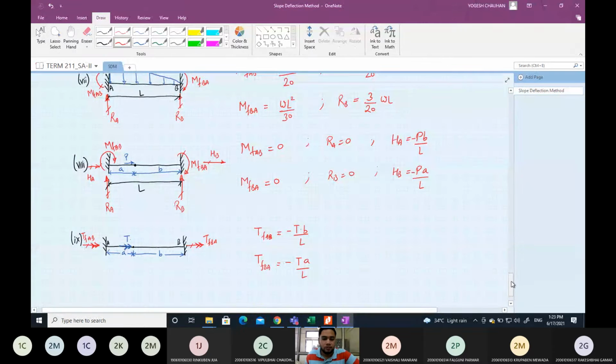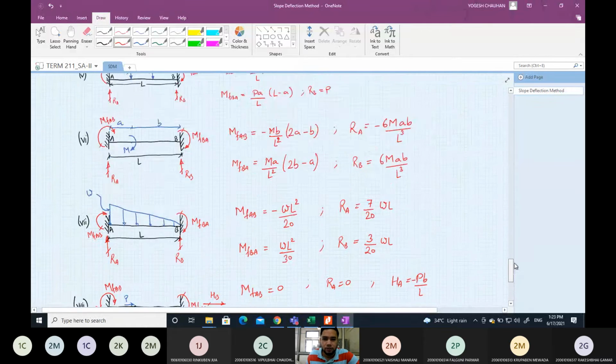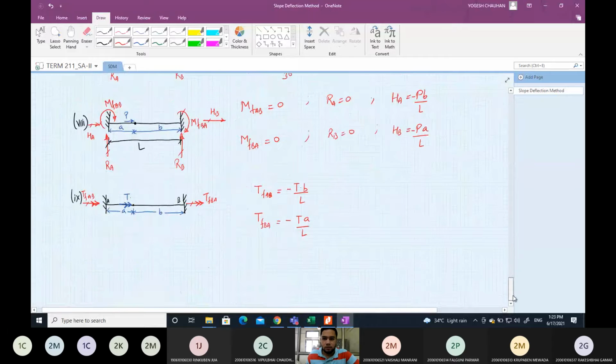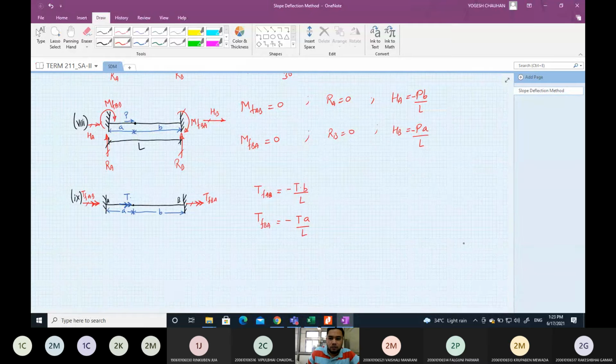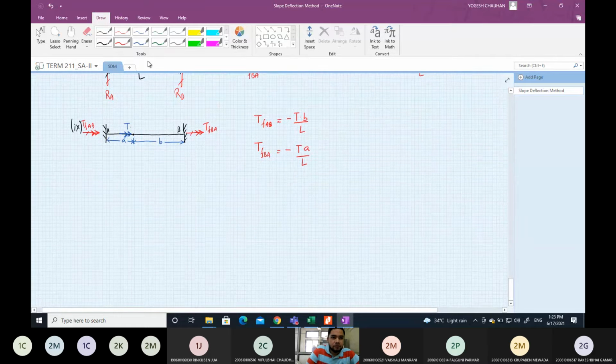Okay, so these are some of the fixed end moments for some standard loadings. So you have to remember all these cases. You will use these formulas directly for finding the fixed end actions.